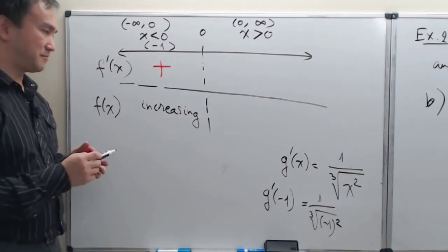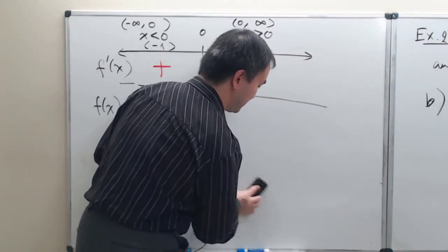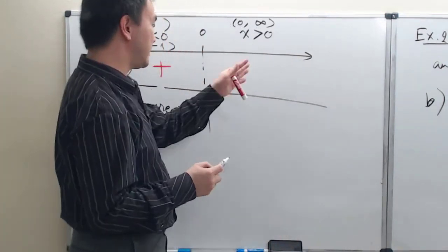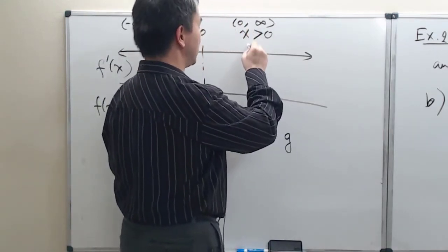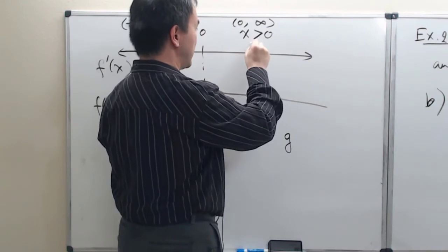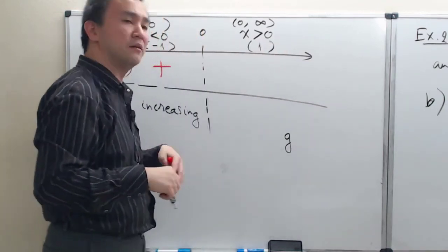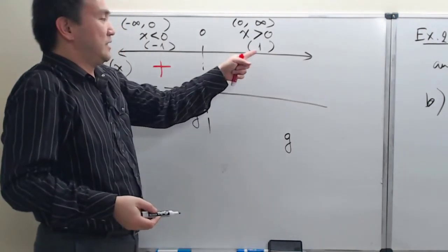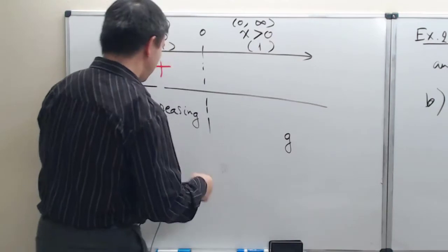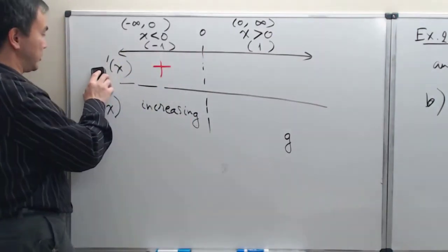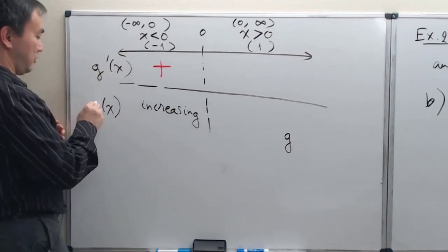And then when it comes to the next interval, once again I'm going to pick a value for g prime. Let's say x is greater than 0. Naturally enough, people would pick 1. I'll pick 1 too. When x equals 1, substitute it into our function. I just noticed that it should have been g the whole time.